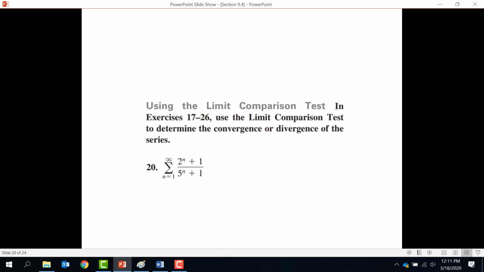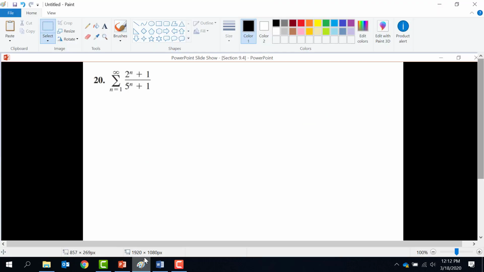In exercises 17 through 26, use the comparison test to determine the convergence or divergence of the series. Okay. Doing this problem with the basic comparison test would be quite a challenge, but here we want to use the limit comparison test. So again, if we ignore all but the largest growing terms in the numerator and denominator, we will get 2 to the n over 5 to the n.